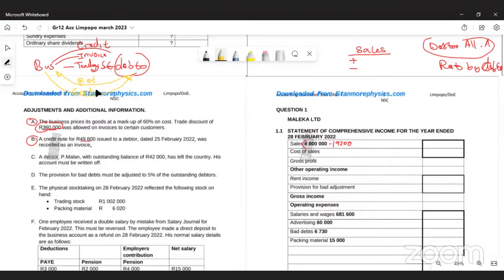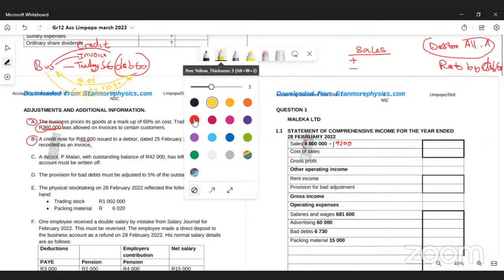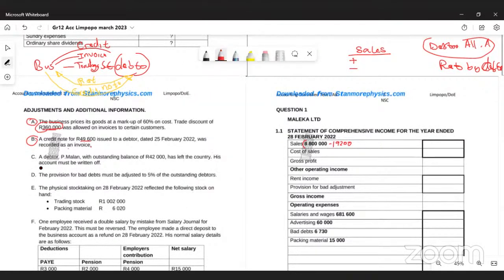When we are doing the bank reconciliation statement, the debtors reconciliation and creditors reconciliation, I will explain all of these, guys. Now a credit note is a source document that is issued when someone is returning stock.